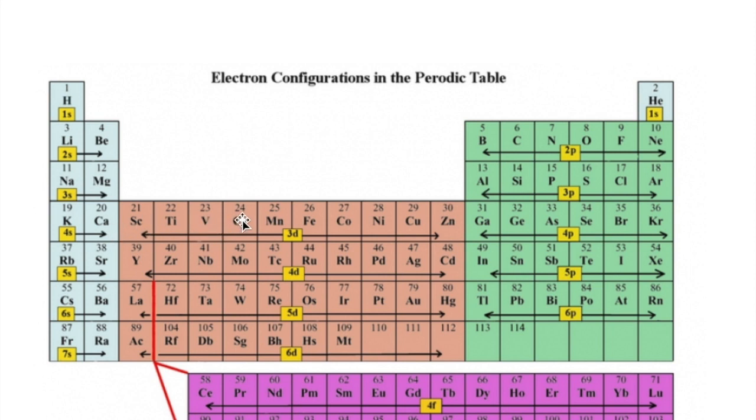What that means is that the valence electrons, which are the ones furthest away from the nucleus, are the 4s. So if these elements want to form ions, they're going to lose those electrons first. But once they lose those two electrons, it turns out that they can also lose some number of the 3d electrons because the 3d electrons are close in stability to the 4s electrons.